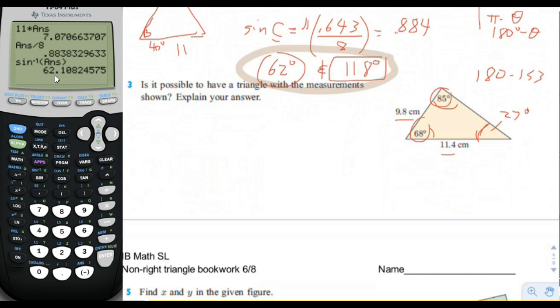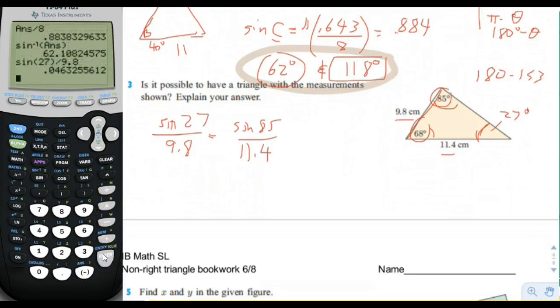Now we're going to check if these lengths actually work together. We'll say the sine of 27 degrees divided by 9.8 should be equal to the sine of 85 degrees divided by 11.4. Let's see if that actually works. Sine of 27 degrees divided by 9.8 equals 0.0463.